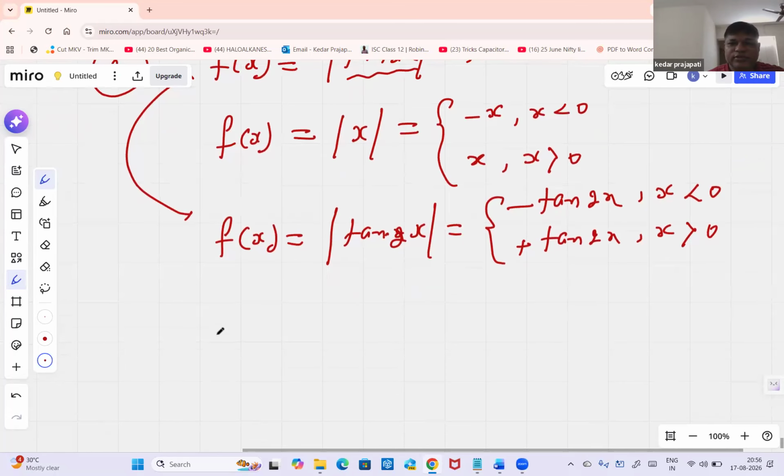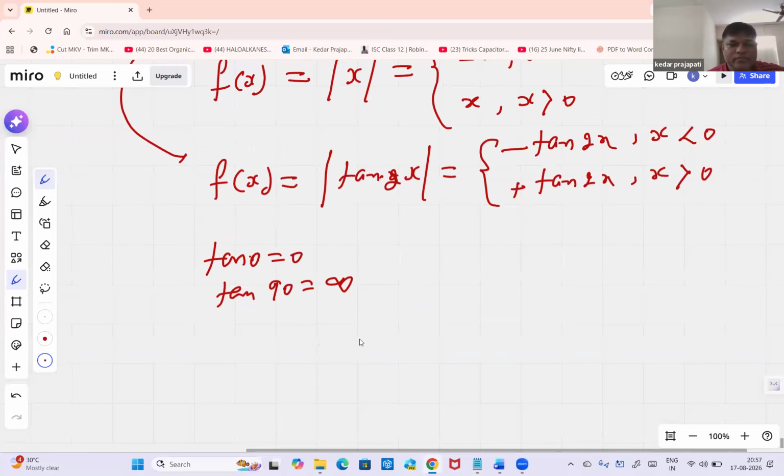in this kind of situation, what will happen? What is the domain of tan? Tan 0 is 0 and tan 90 is infinity, right? So now you put, this is f dash x, sorry.